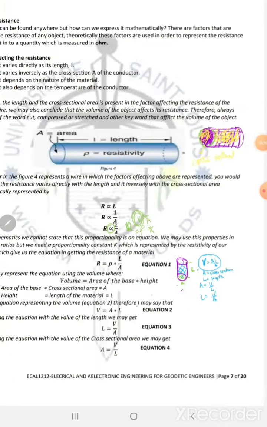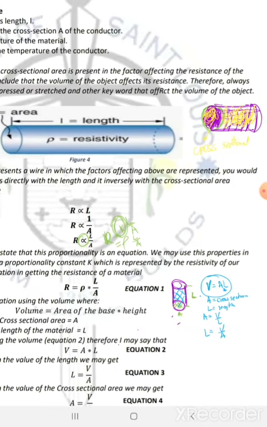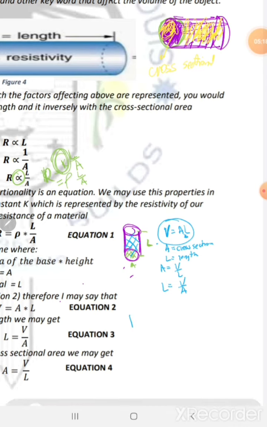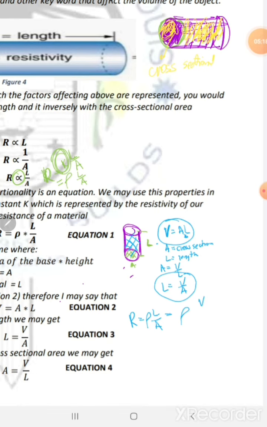Right? Relating these factors into an equation, since R is equal to rho L over A, I may say that L is equal to V over A, so therefore rho multiplied by V over A as your length, all over A, which is equal to rho multiplied by V all over A squared.